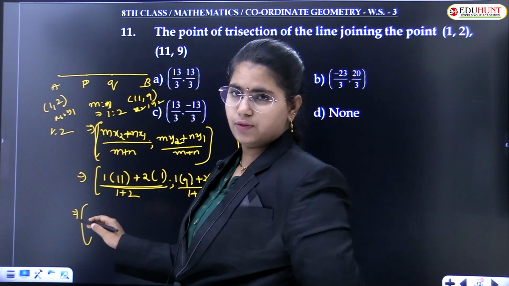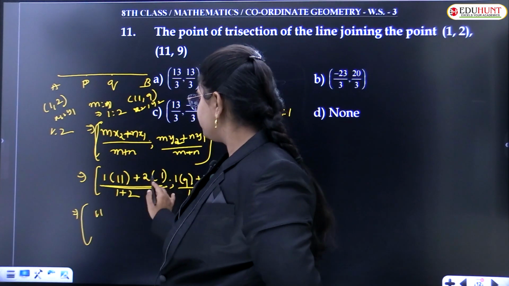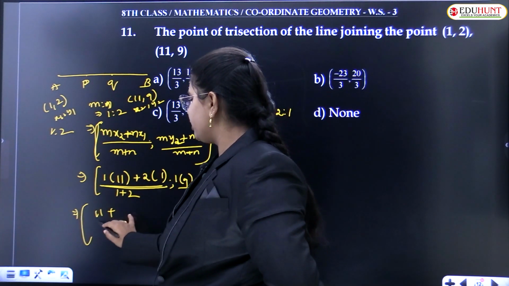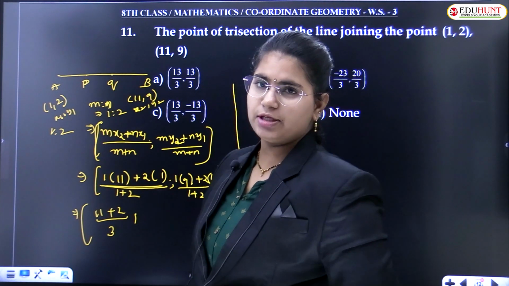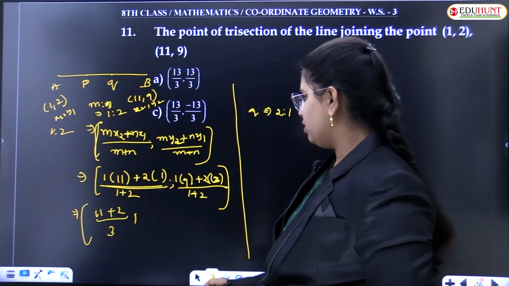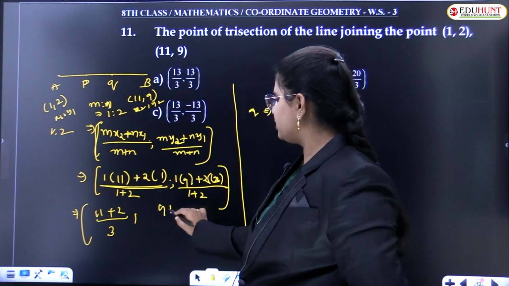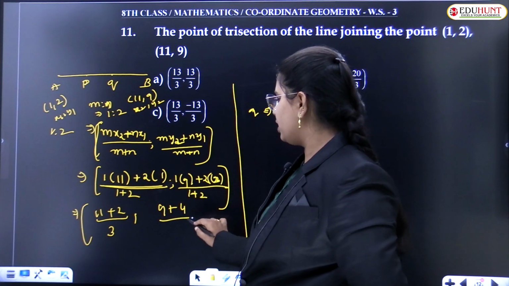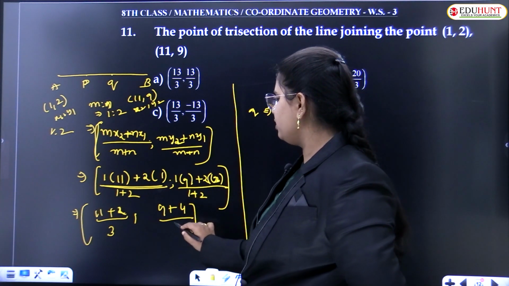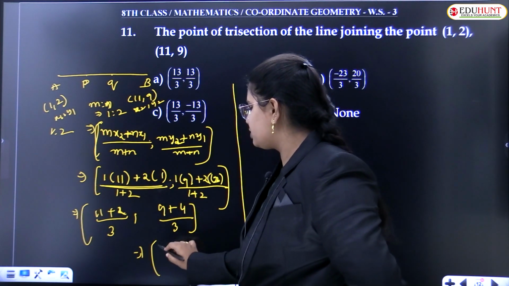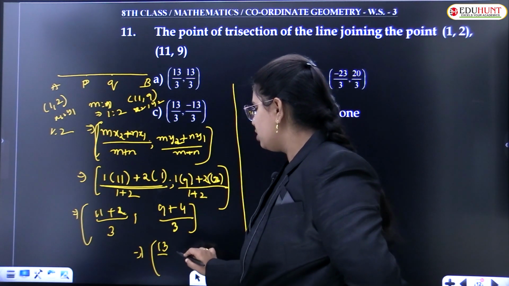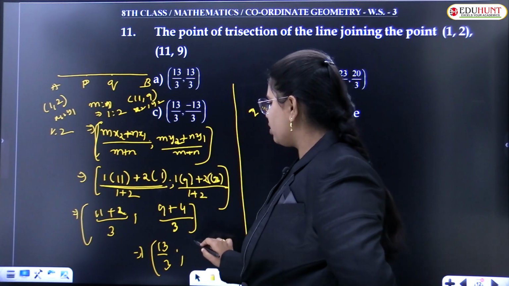1 into 11, which is how much? 11 plus 2 divided by, what is 1 plus 2? 3. Next, 1 nines are 9 plus 2 twos are 4 by 1 plus 2 is again 3. Right. So simplify it. 11 plus 2 is 13 upon 3, and this we also got the same, right?